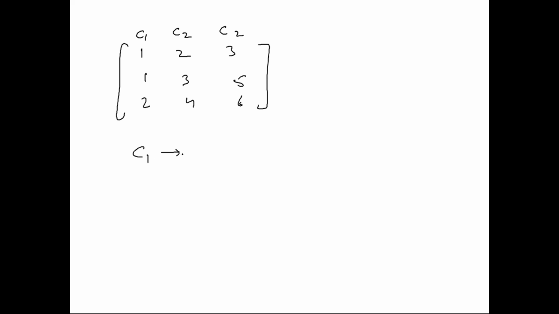Let us say we have a matrix 1 2 3, 1 2 3, 4 5 6. Now let us say this is column 1, this is column 2, this is column 3. I simply apply one operation on this: column 1 becomes column 1 plus 2 column 2 plus 3 column 3.